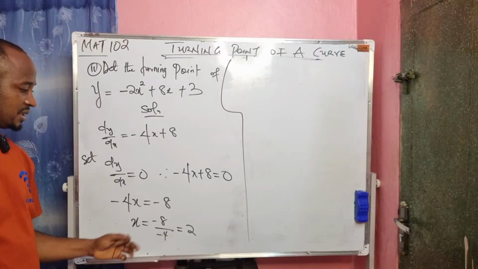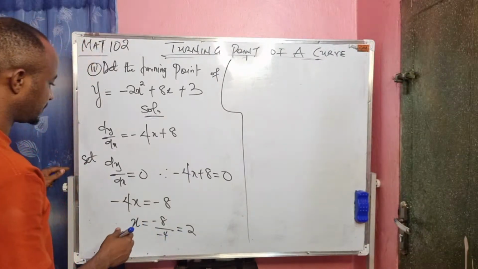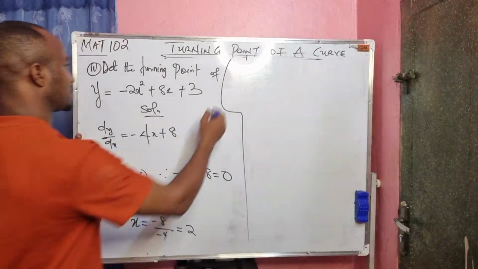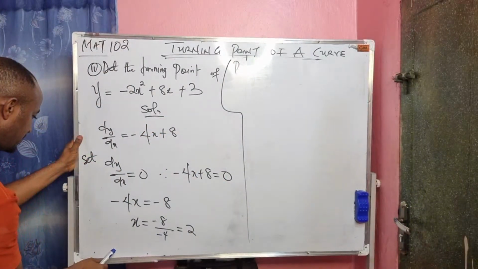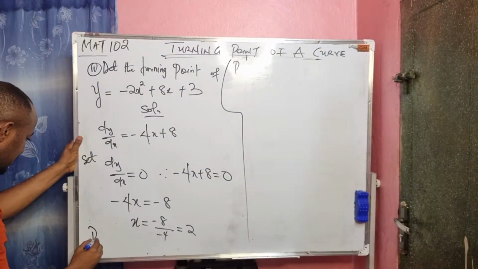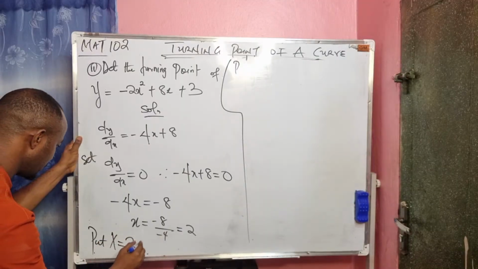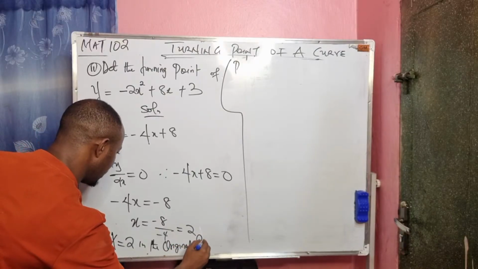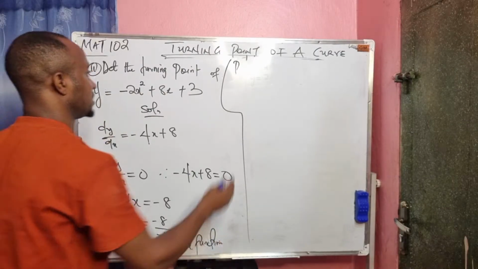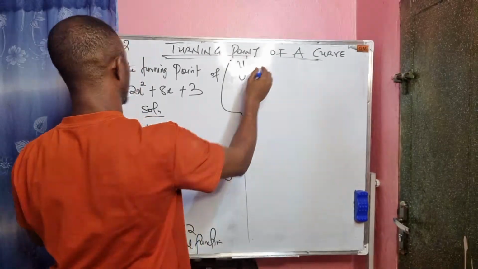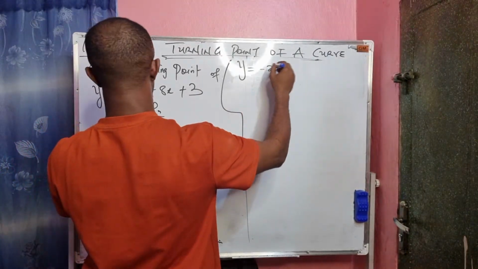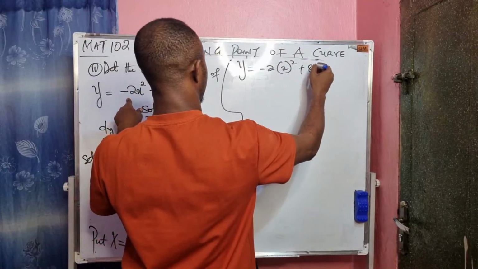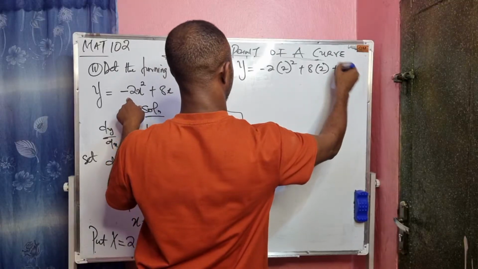Okay, the next step is to put the value of x into the original function. Put x = 2 in the original function, which is y = -2(2)² + 8(2) + 3.